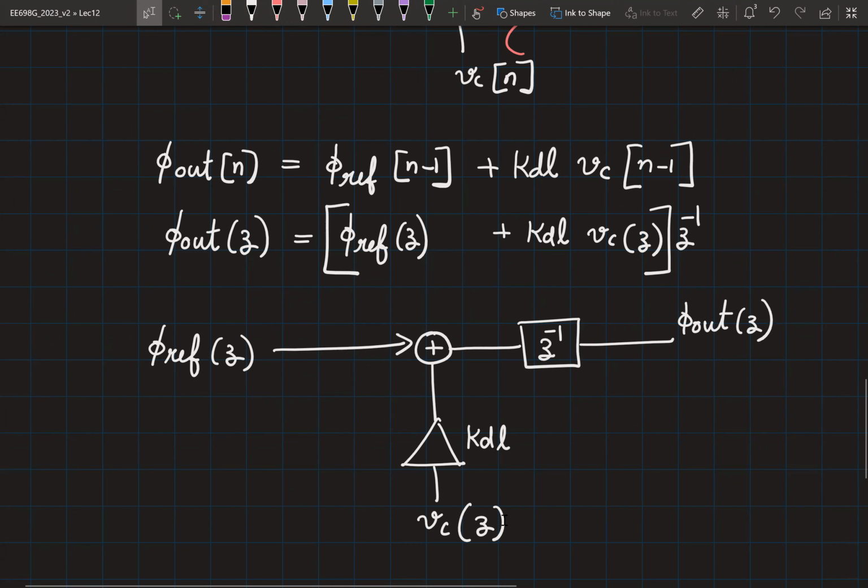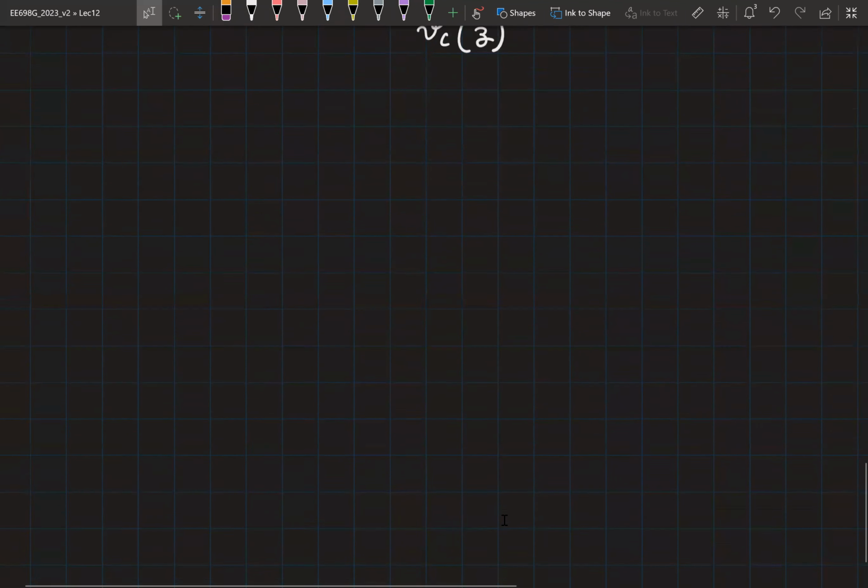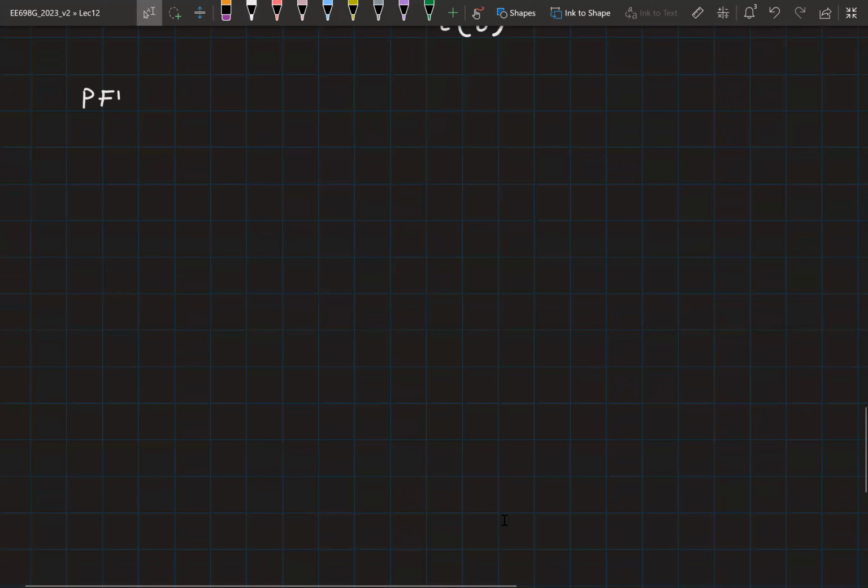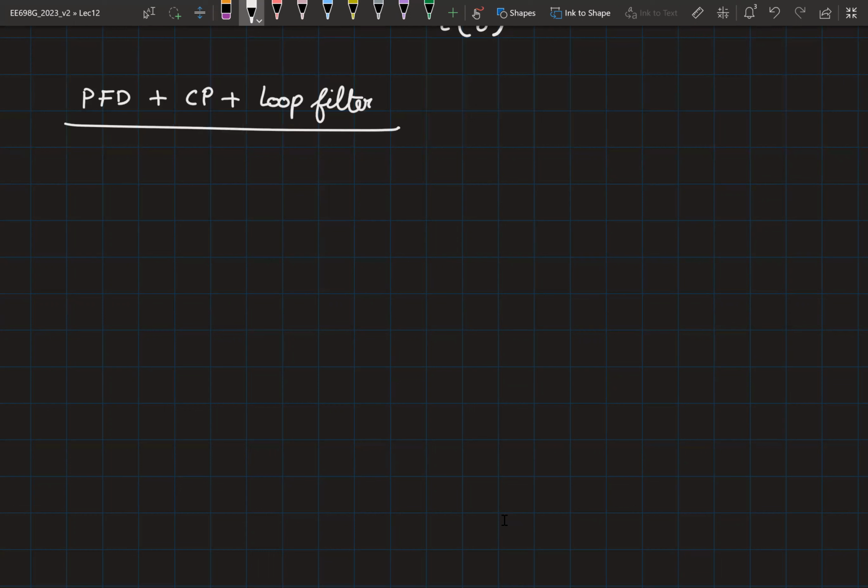Okay. So now let us model PFD plus charge pump plus the loop filter. So phi error of n.